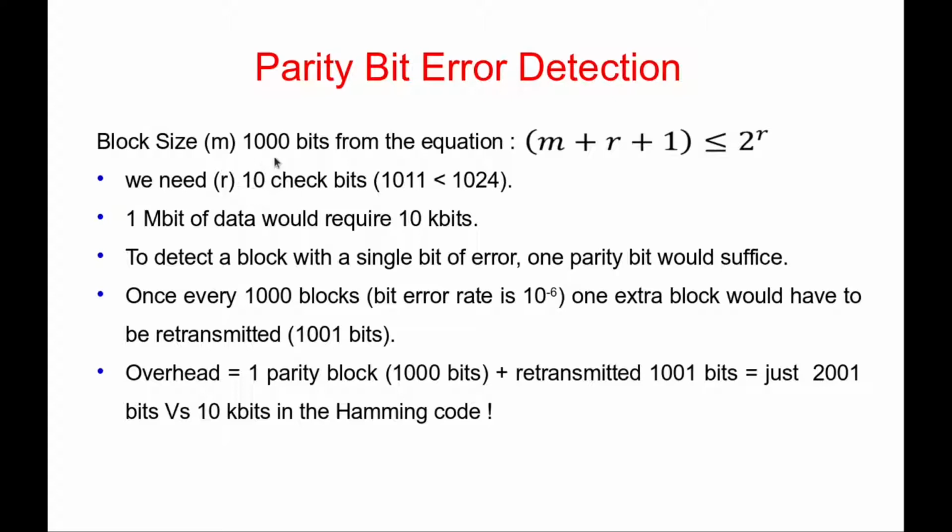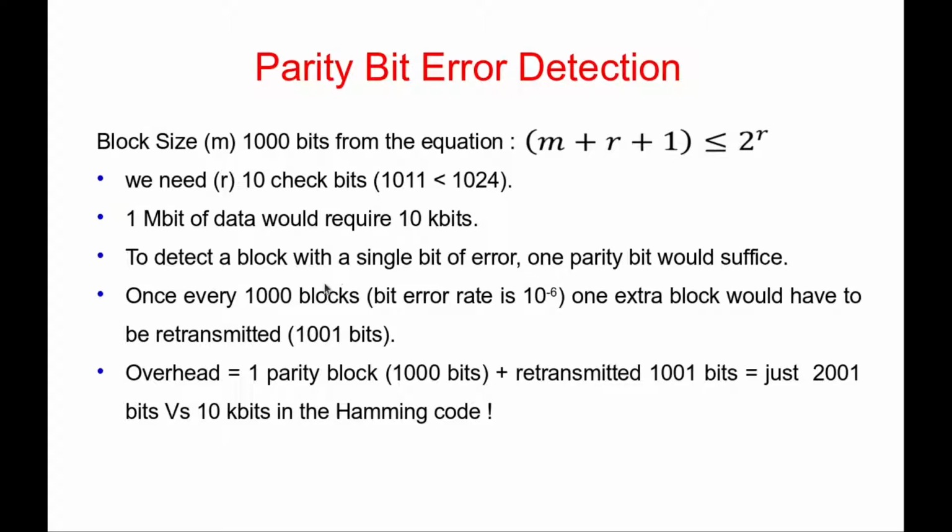So for every 1000 bits in one single block, for example, a block that is going to contain 1000 bits of data M, the check bits required for that single block of 1000 bits is 10, which is R. So with that relation, 1 megabit of data would require 10 kilobits. To detect a block with a single bit of error, however, only one parity bit would suffice.